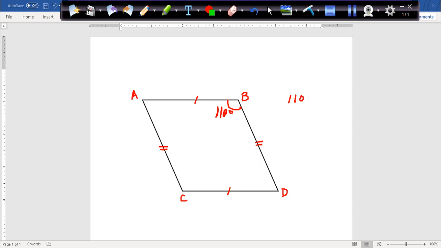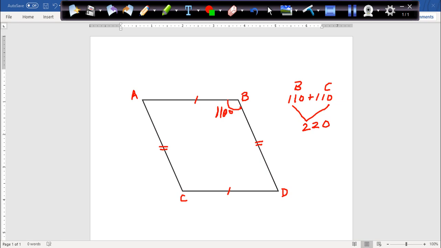And that means the opposite angle, angle C, is also what? 110, correct? Okay. So that's 220. So between the two of these, B and C, we have 220.